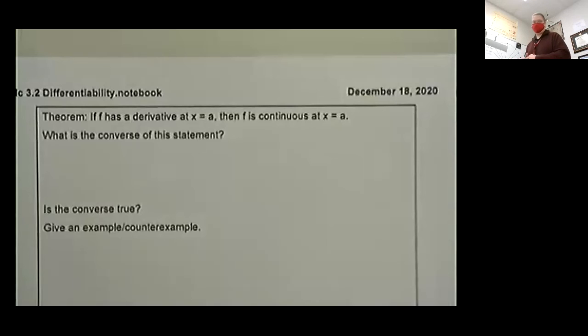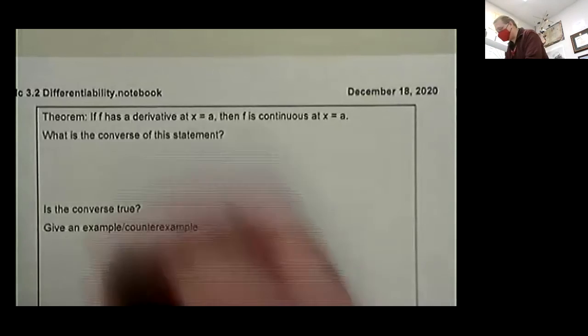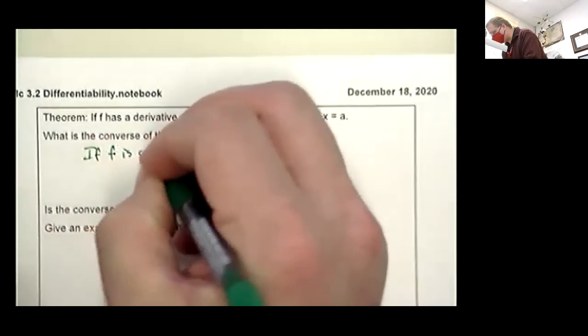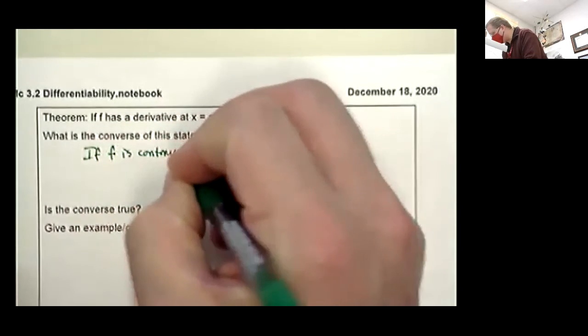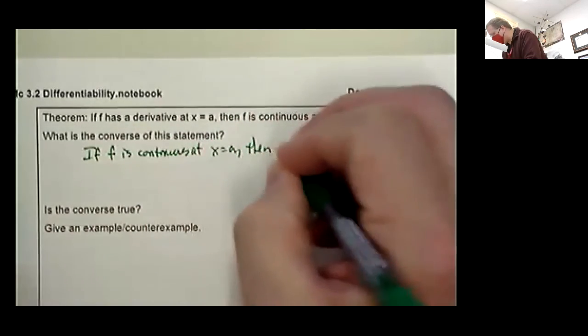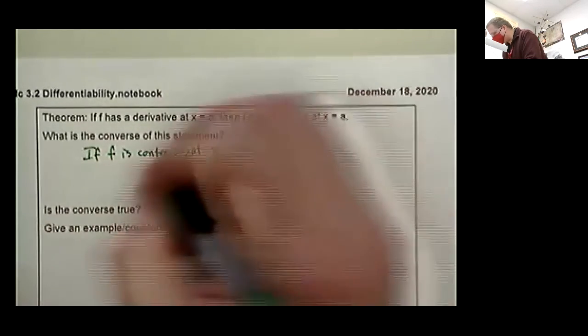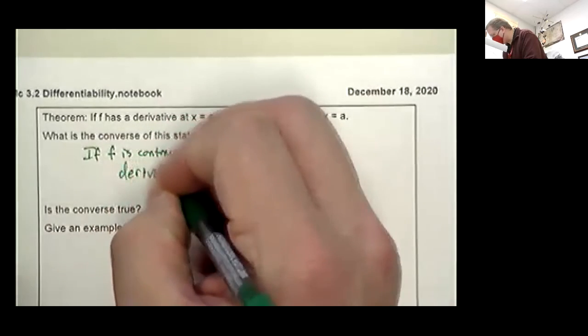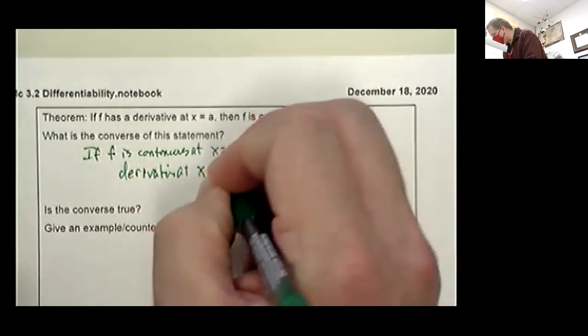What is the converse? Remember in geometry you talked about the converse. Converse is flipping an if-then statement. So what would be the flip of our if-then statement? Well, that would say if f is continuous at x equals a, then f has a derivative at x equals a.